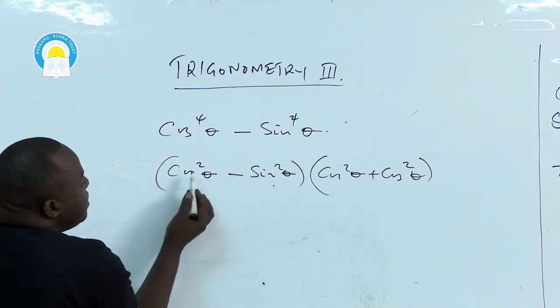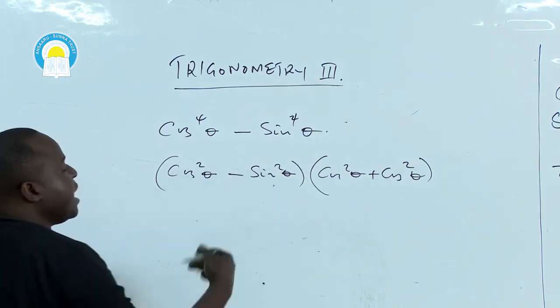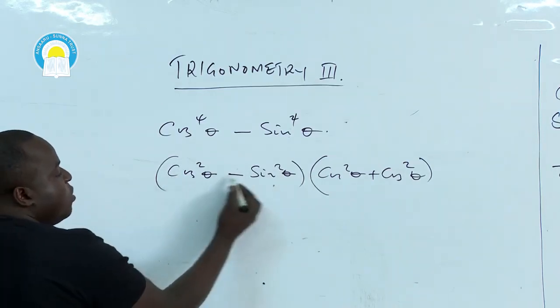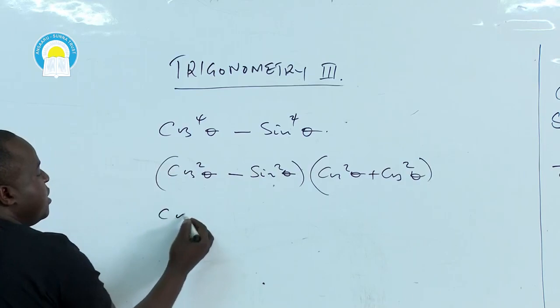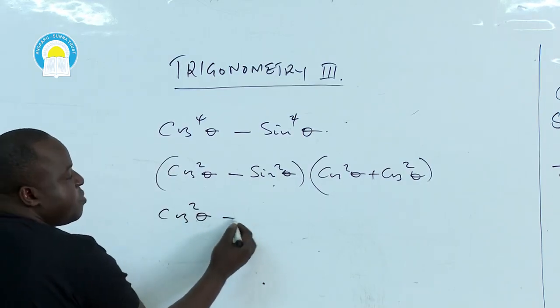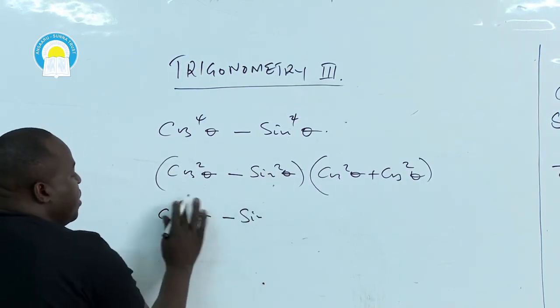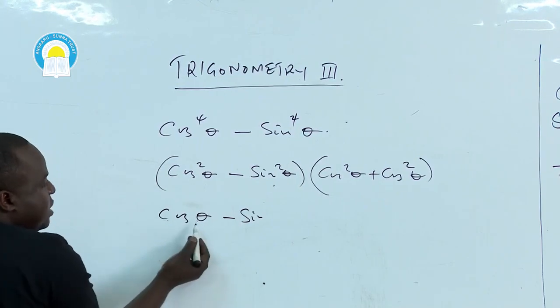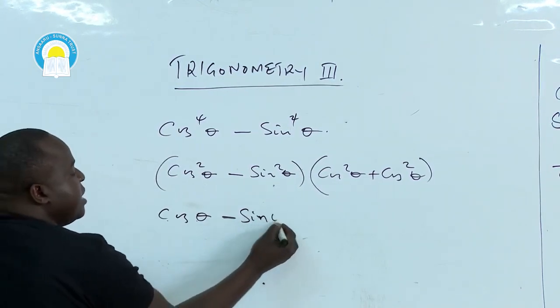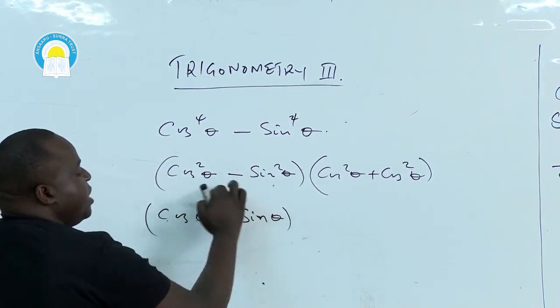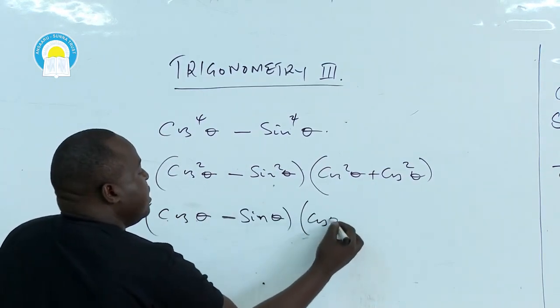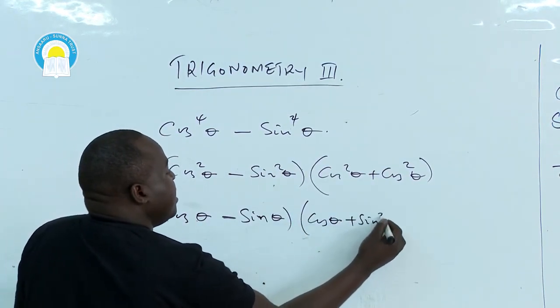Now, looking at this, it looks like another difference of two squares. The square root of this is cos theta, minus sine theta. I'll repeat the same, cos theta plus sine theta.